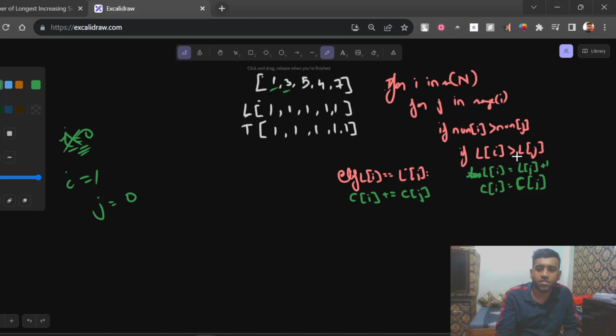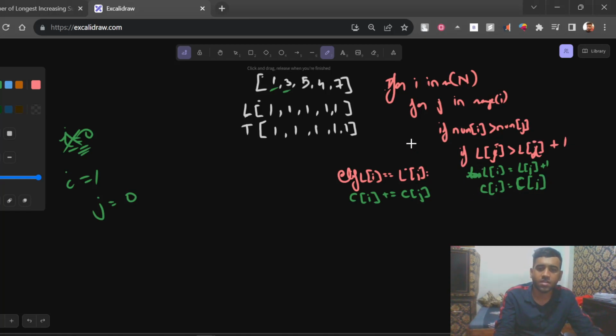Then check if L of j is greater than L of i plus 1.